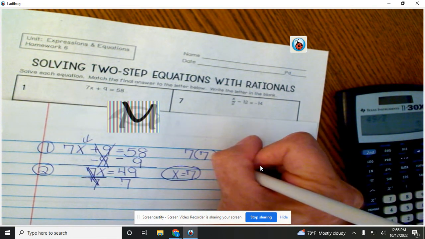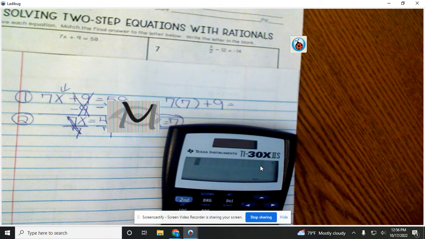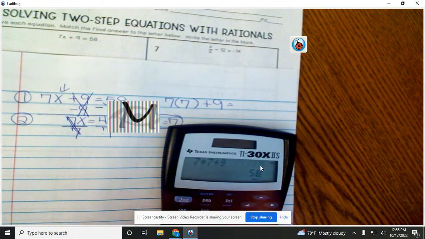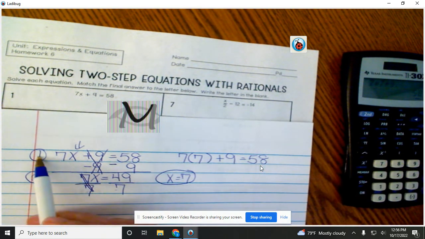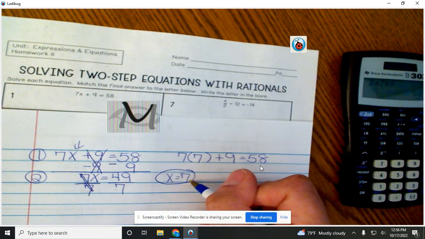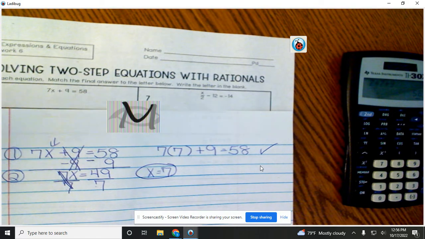So 7 times 7 plus 9 should be, if I did it correctly, 58. So 7 times 7 plus 9 equals 58. So I did my two-step equation, I circled my answer, and then I double-checked my answer. So I did this correctly.